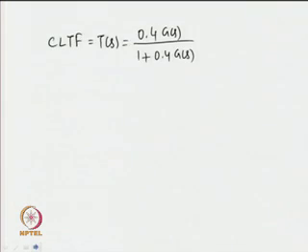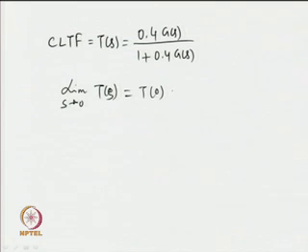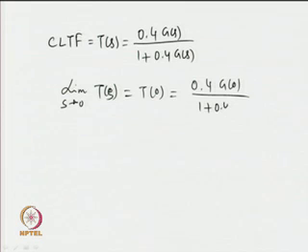Then in that case, the steady state value, limiting s tends to 0, T s is equal to T 0, which is nothing but 0.4 G 0 upon 1 plus 0.4 G 0. This is found to be 2 upon 7.